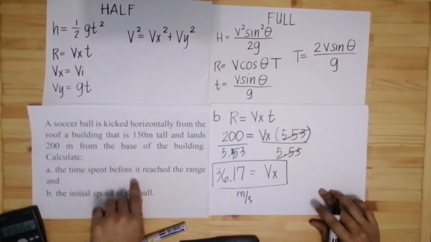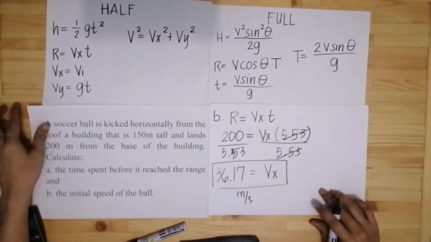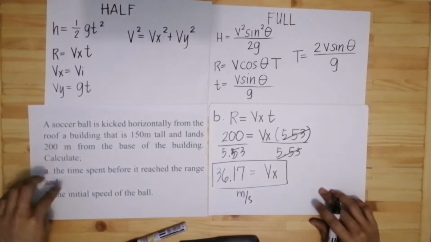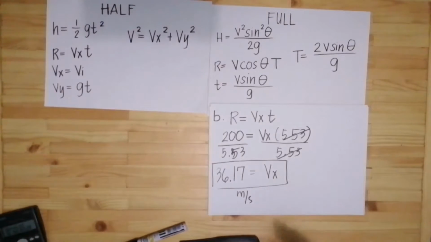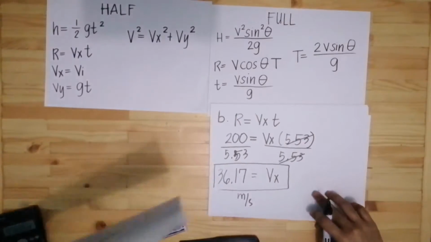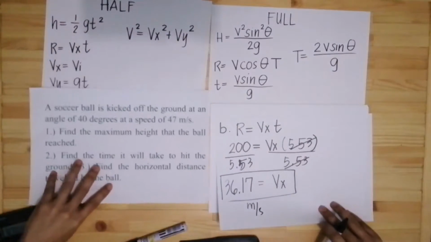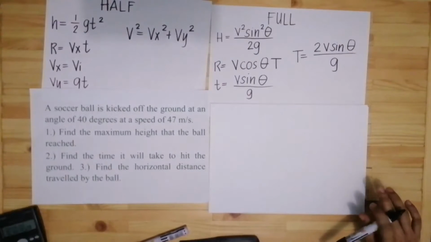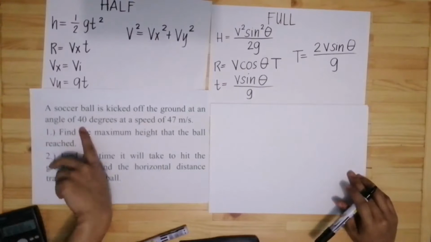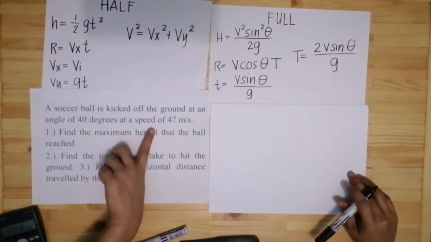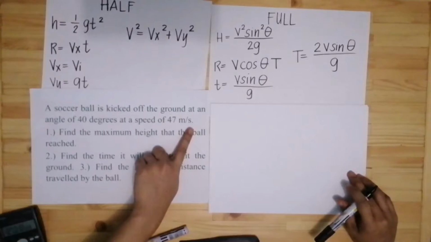Next. So we are done already solving the first problem for the A and B. The time spent and the initial speed of the ball. Let's have another example to understand it more. What about this problem? A soccer ball is kicked off the ground at an angle of 40 degrees at a speed of 47 meters per second.